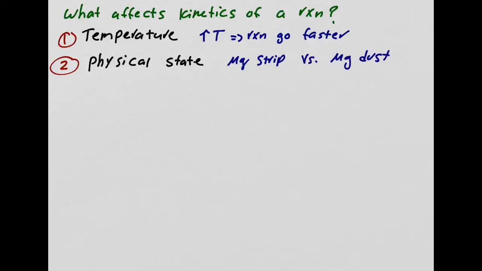Which one do you think is going to have a faster reaction if it's reacting with something? The strip or the dust? Hopefully you're telling me that the dust is going to have a faster reaction because it has a larger surface area, so it's going to react faster. So physical state also matters.